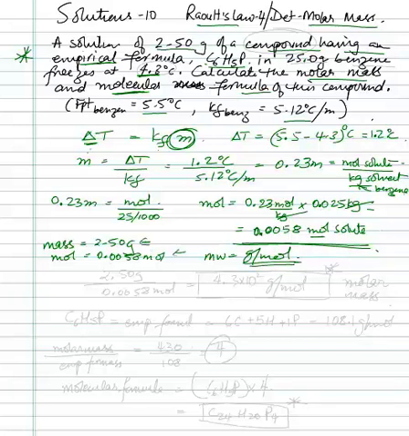So 2.50 grams divided by 0.0058 moles is 4.3 times 10 to the power of 2. You don't have to write it that way; you can write 430 grams per mole. So that's our first question answered, the molar mass of the compound.